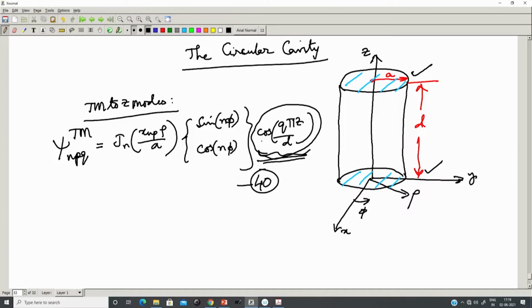Whatever wave function along the z direction satisfies this vanishing of the electric fields at z equal to 0 and z equal to d must be chosen, and this follows exactly the same principles as we did for the rectangular waveguide. So, n is equal to 0, 1, 2, p equal to 1, 2, 3, and q equal to 0, 1, 2.